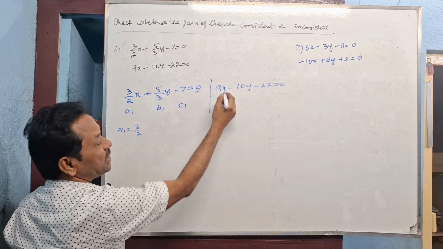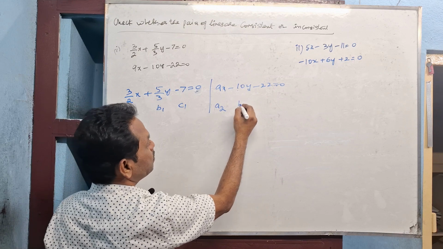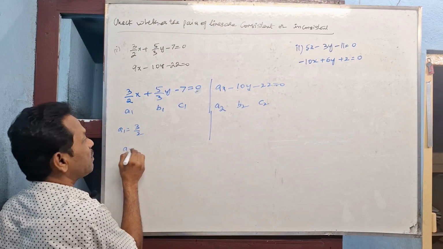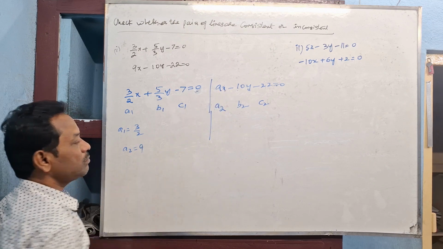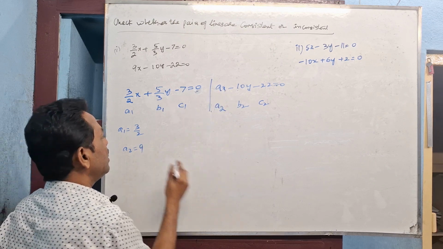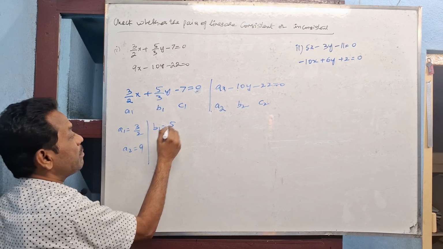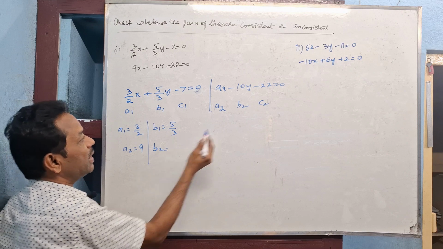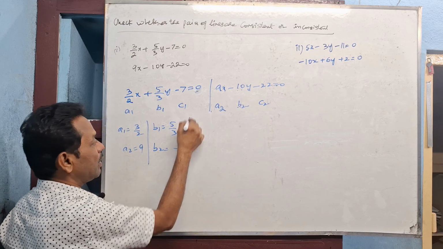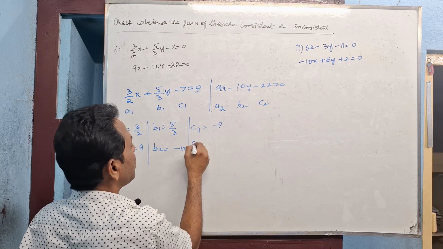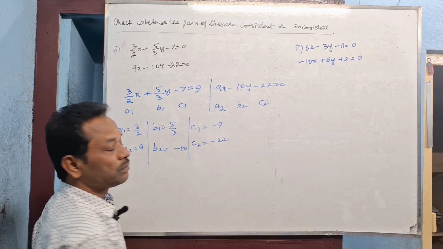The x coefficient is a2, the y coefficient is b2 and the constant is c2. So my a2 value equals 9. Comfortable, bacho? Next, b1 equals 5 by 3, b2 equals minus 10, c1 equals minus 7 and c2 equals minus 22.